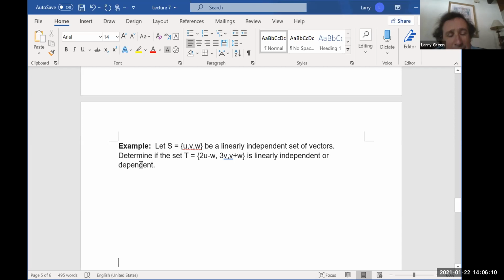Then I'm going to make a new set of vectors, T, where the first vector of T is 2U minus W. The second vector of T is 3V. And the third vector of T is V plus W. Okay, the question is: is T linearly independent or dependent? Any questions on the question?